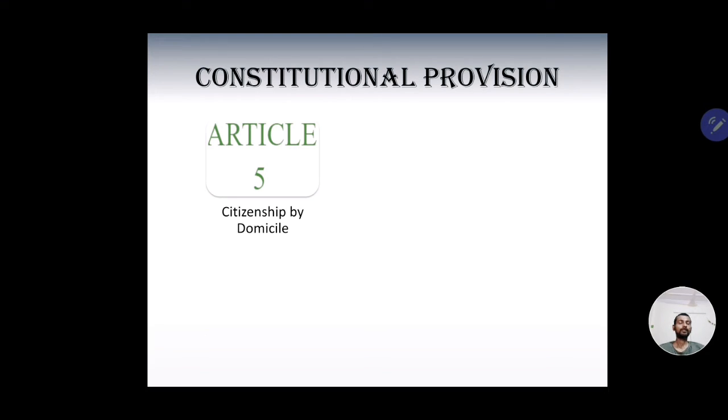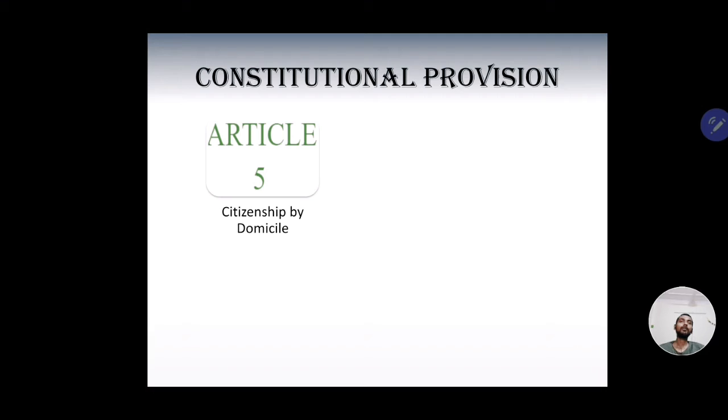or a person who has been living in India for 5 years immediately preceding the commencement of the Constitution. What I mean by this is a person has to have lived at least for 5 years right before the commencement of this Constitution.